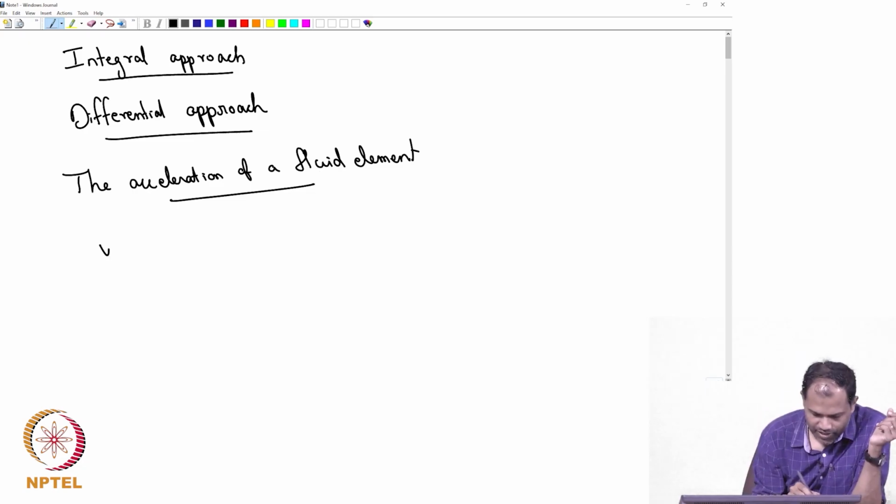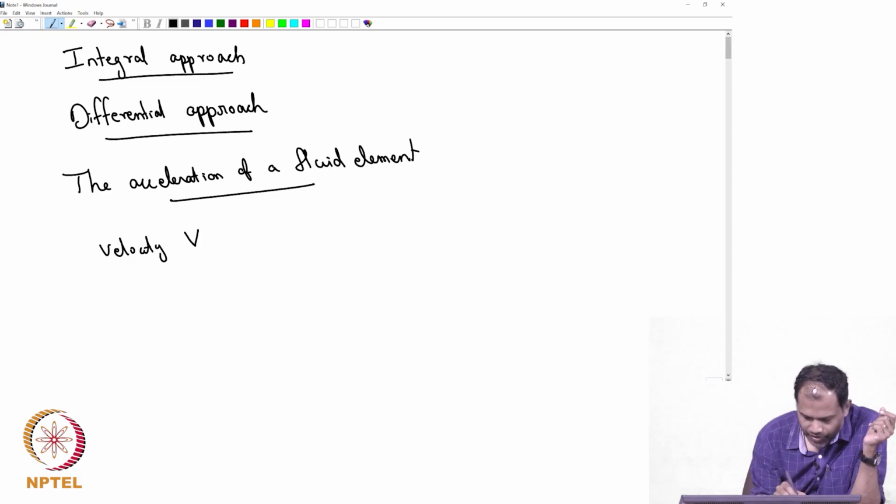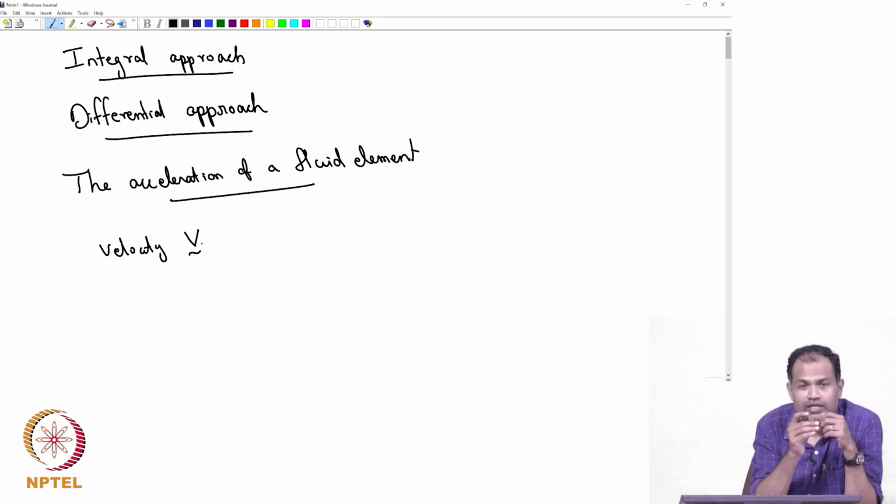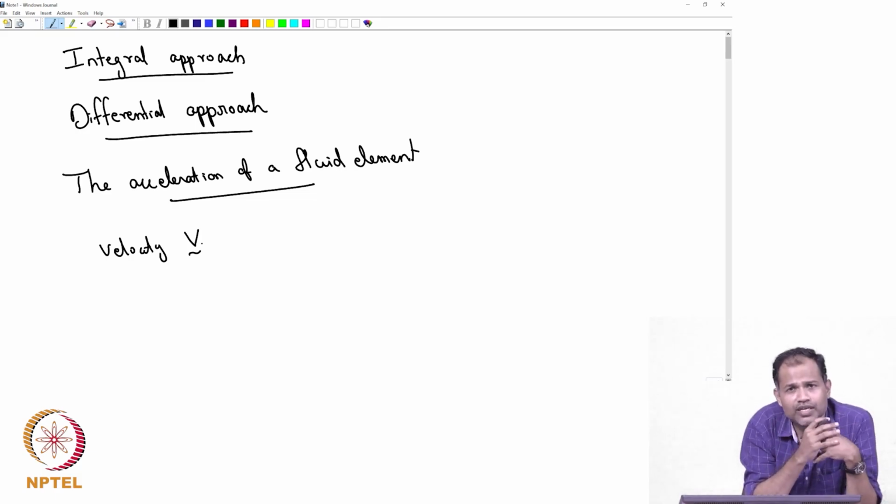Let us say the velocity is some capital V. I am putting that squiggle to show that it is a vector, because velocity is a vector, it has a magnitude and a direction, but the velocity will not be uniform, the velocity will be a function of space, and it will change with time.